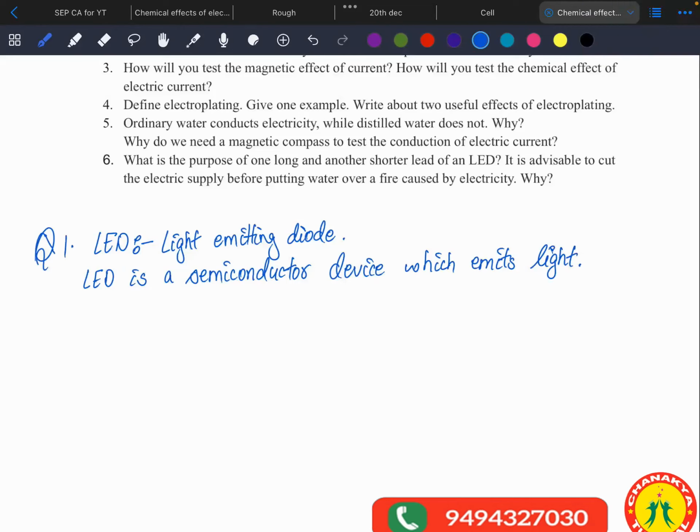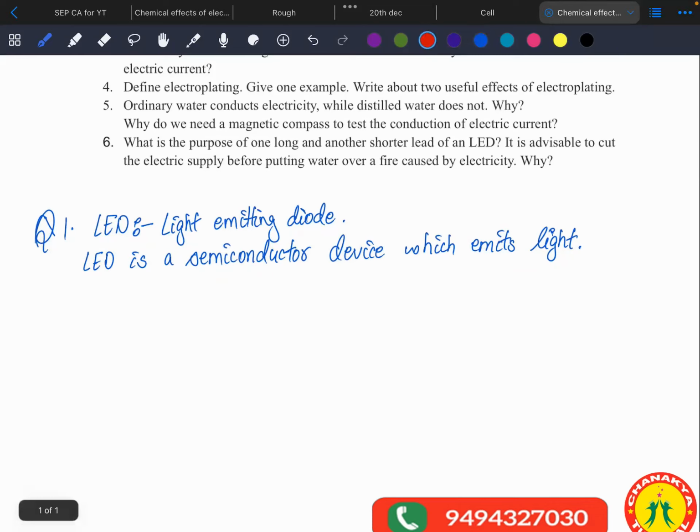Very good, you can write that also. Which glows when electric current is passed through it, like Ashwath said.